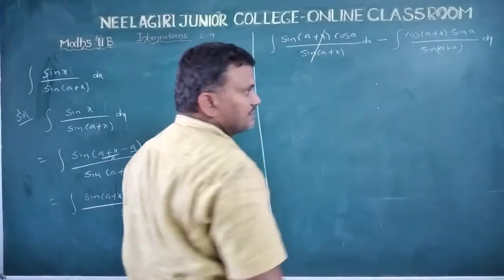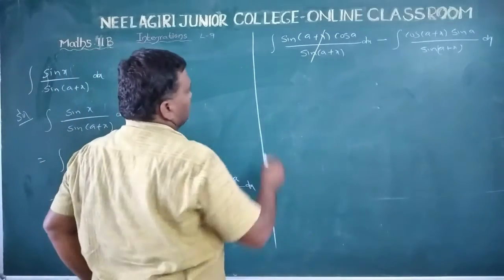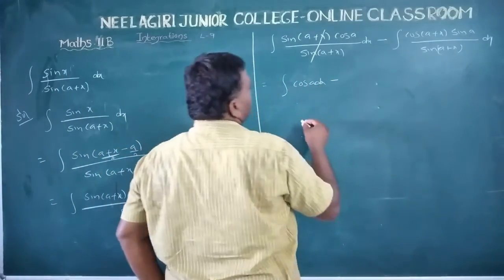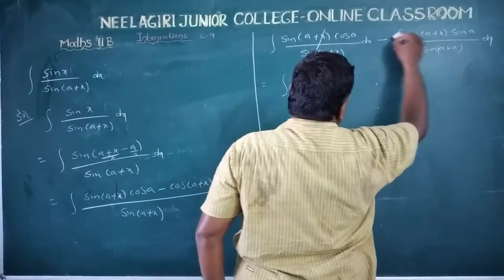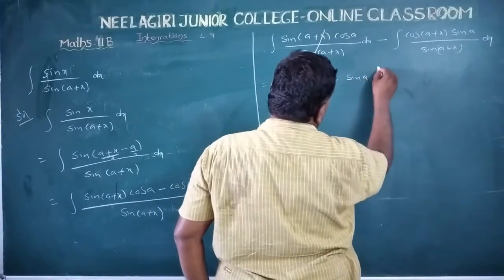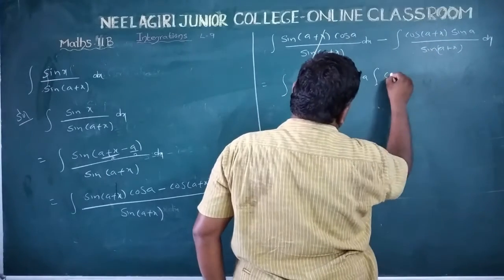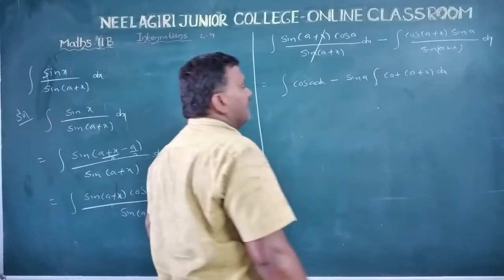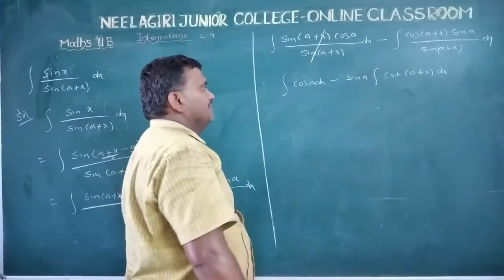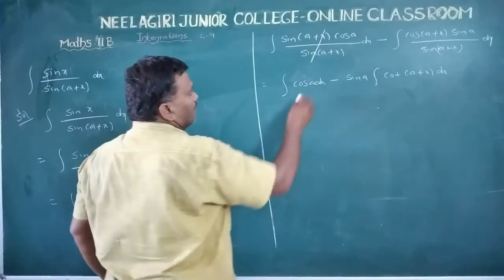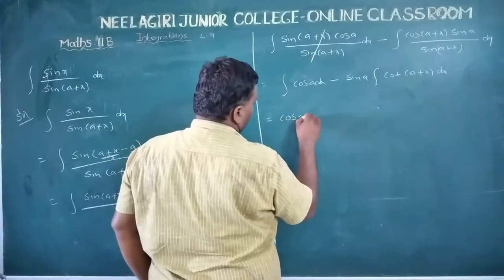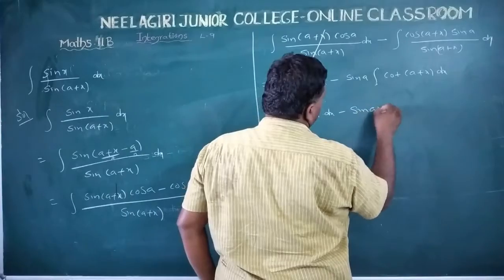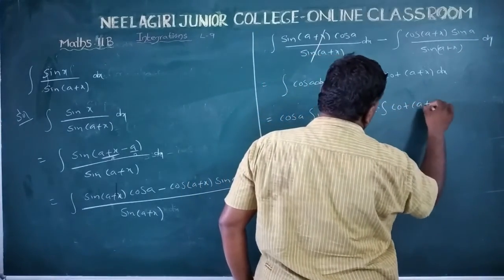Sin of a plus x cancels, so it is integration of cos a dx minus sin a, which is a constant, into cos of a plus x by sin of a plus x, which is cot of a plus x dx. Sin theta by cos theta is cot theta. Cos a is the constant.